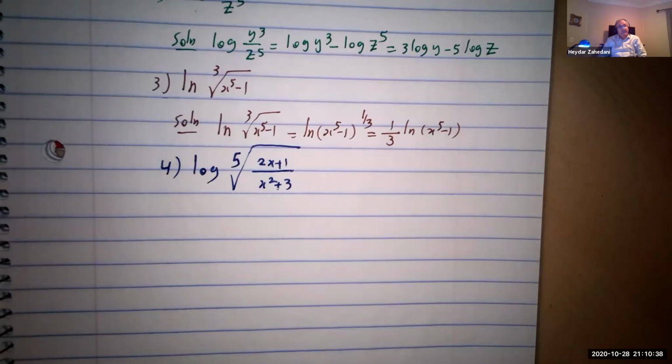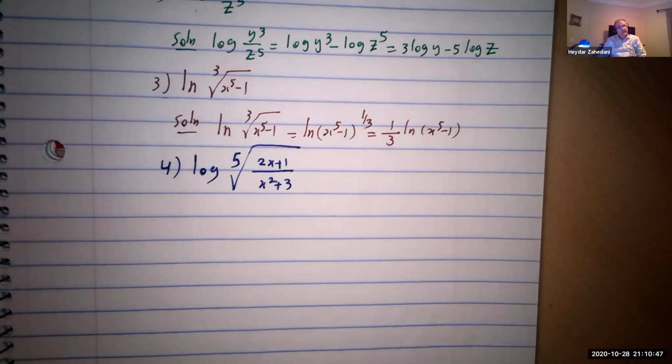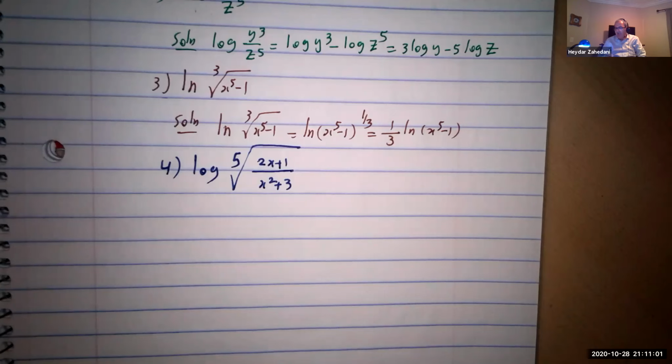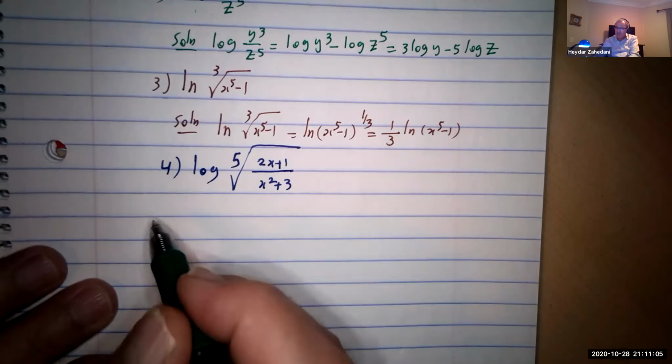Okay, we want to simplify it or just expand it. The way we do it, we have to take care of the radical first. Okay, we write it down everything to a fifth. Then we can bring the fifth down. When you do the radical, then there is a quotient. Then you can continue. Okay, so this is going to be the solution.